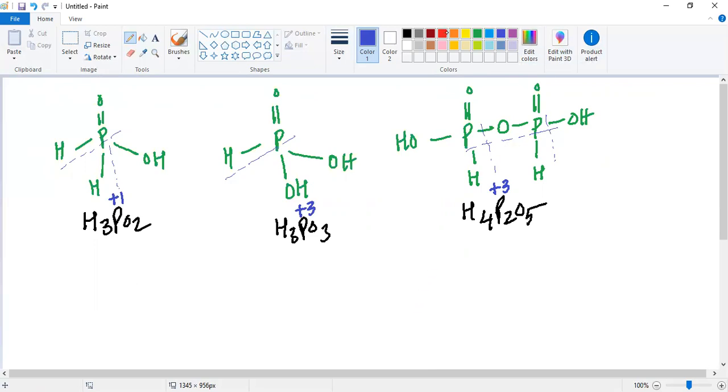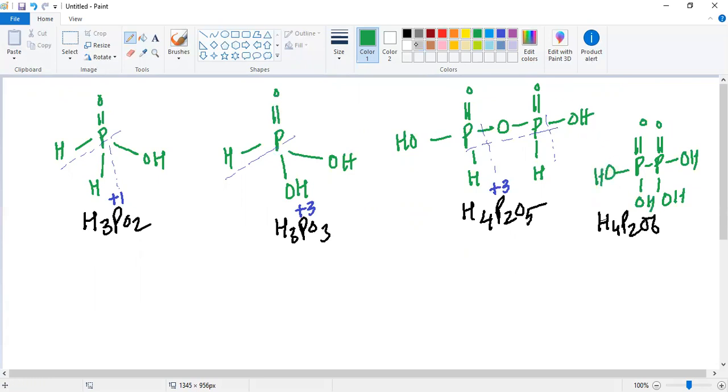Even there is one more oxoacid, which is known as H4P2O6. If we think of H4P2O6, we will find the P bond in it, P double bond O, then we have 4 OH.